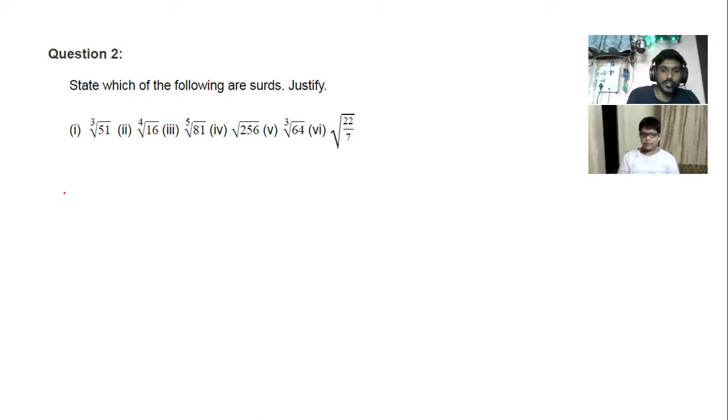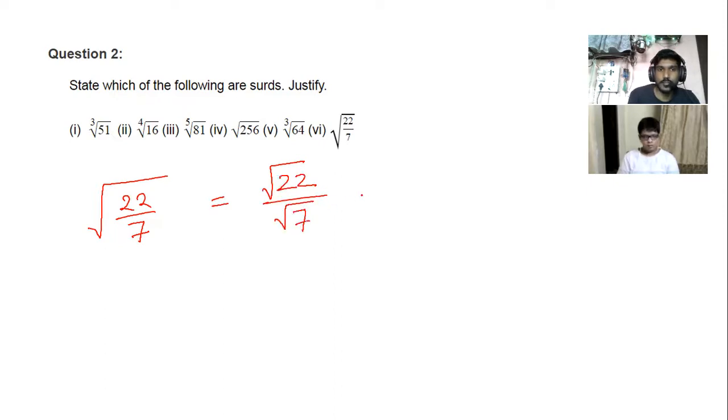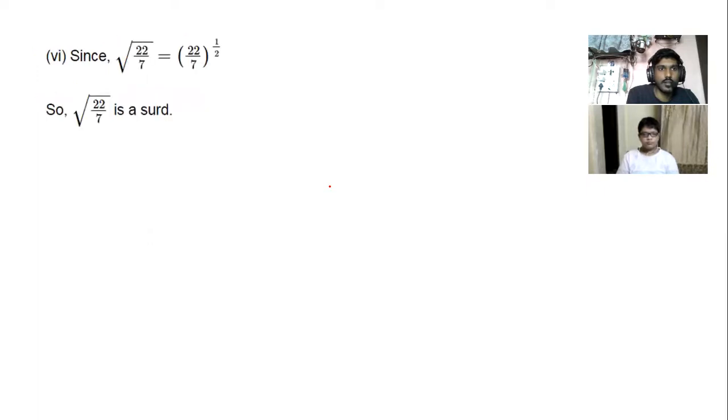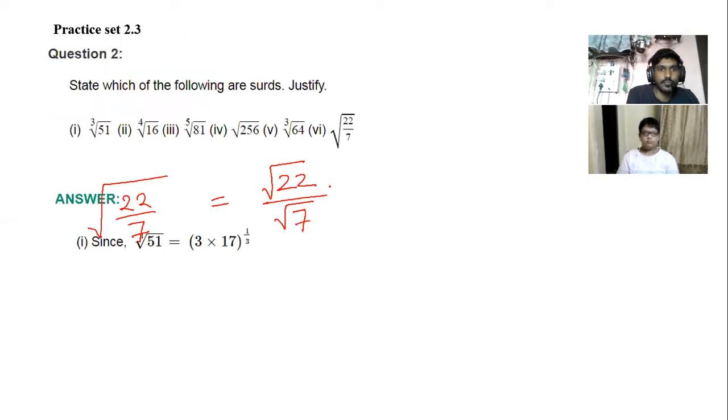So let's see the first one. Cube root of 50. We did till 5. We have to do the last one: square root of 22 upon 7. If you distribute the square root to the numerator and the denominator, what is square root of 22?